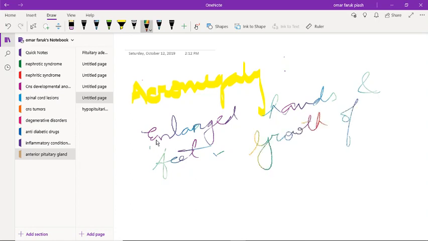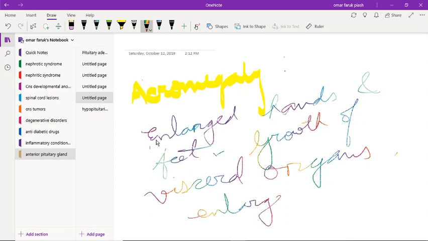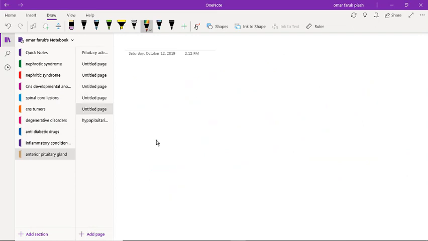There is an enlarged tongue. Secondary diabetes mellitus is often present in acromegaly.